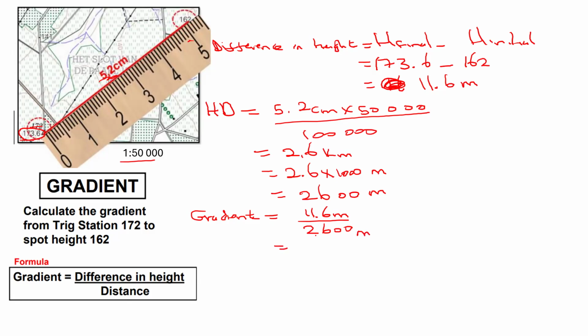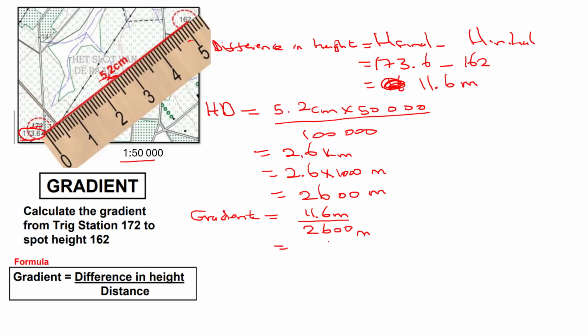And then now, if I punch this on my calculator, 11.6 divided by 2,600, I get something like... why is my value too much? I don't know what's happening with my calculator.